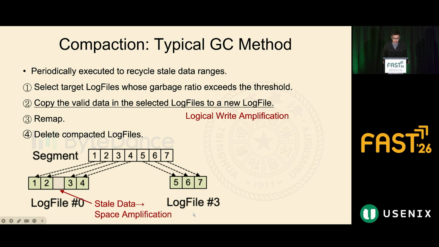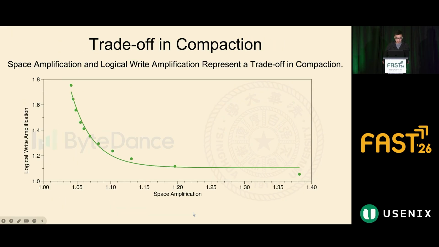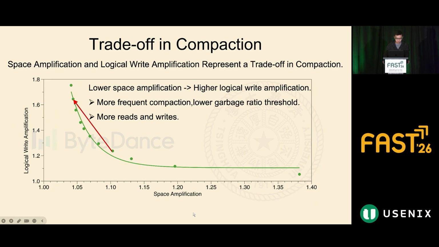The second step introduces the logical write amplification, and the stale data introduces the space amplification. This is the relationship of space amplification and write amplification in compaction. Lower space amplification results in higher logical write amplification because it needs more frequent compaction, a lower garbage ratio threshold, and more reads and writes.